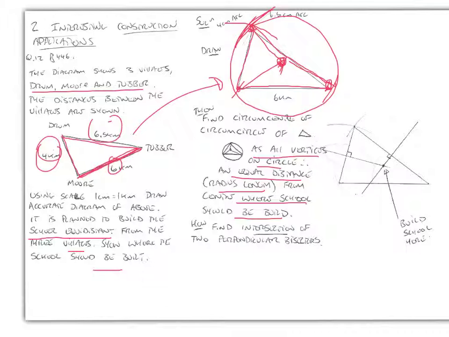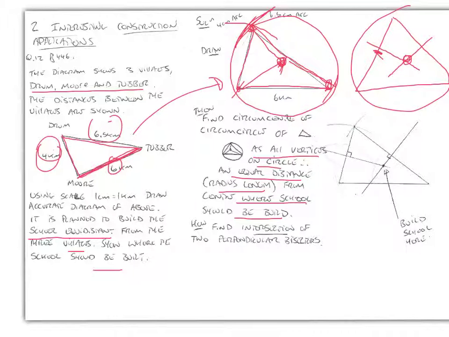Basically what we need to do is use your construction to find the intersection of two perpendicular bisectors. If you're given a triangle, you find the bisector of this line and the bisector of that line, and that is the circumcenter of the circumcircle. The intersection of those tells you where the school should be built.